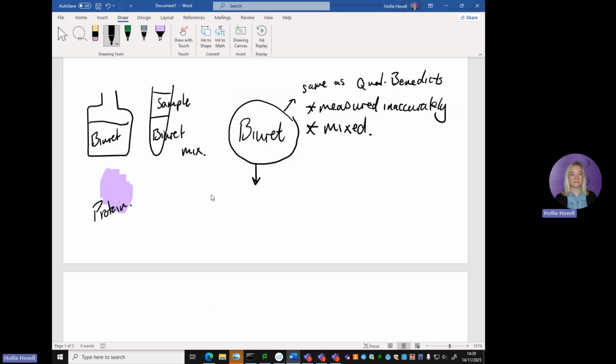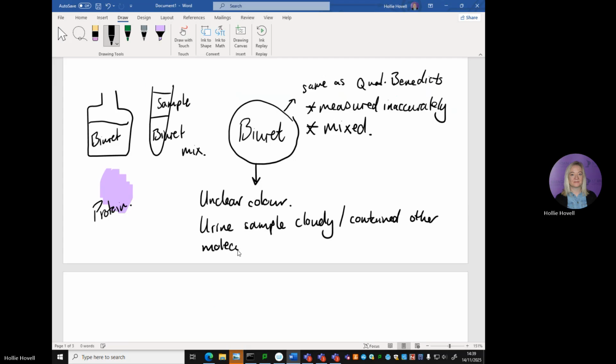Lots of people had an unclear colour, okay? And this is because the urine sample was cloudy, and it doesn't just contain water and protein, it actually contained other molecules as well that interfered with the test.